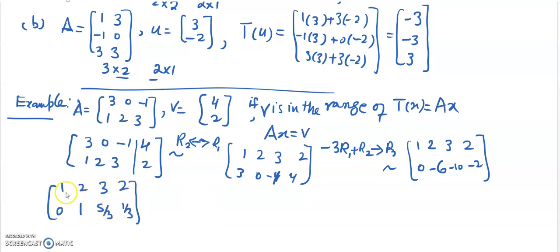For example, the first equation will be x1 plus 2x2 plus 3x3 equal to 2, and the second equation will be x2 plus 5 by 3 x3 equal to 1 by 3.